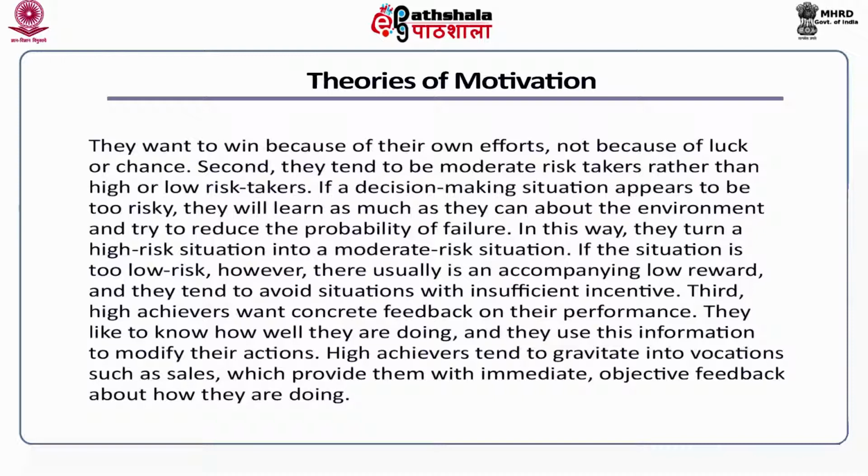If the situation is too low risk, however, there usually is an accompanying low reward and they tend to avoid situations with insufficient incentives. Third, high achievers want concrete feedback on their performance. They like to know how well they are doing and they use this information to modify their actions.